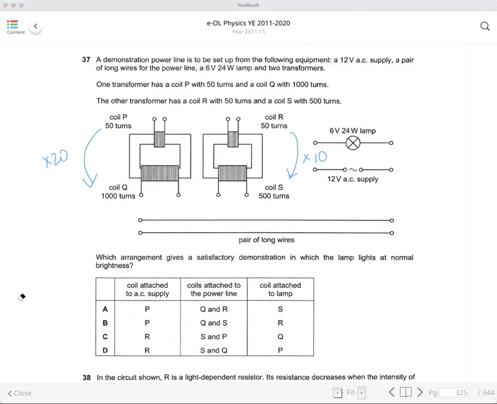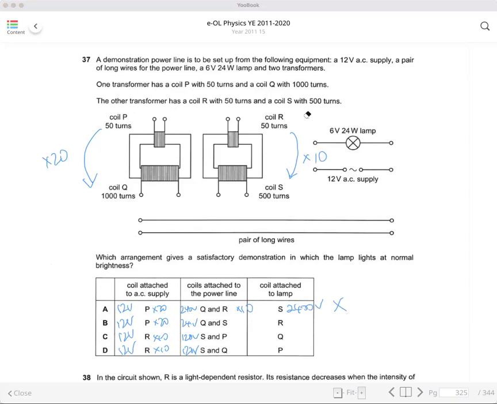I'm sorry. Okay, so it's 12 volt, 12 volt, 12 volt, 12 volt. P to Q, I multiply by 20. R to S, I multiply by 10. End up here, I will get 120 volt. This one I'll get 240 volt. Then R to S, I multiply by 10, so I will get 2400 volt. Wrong.